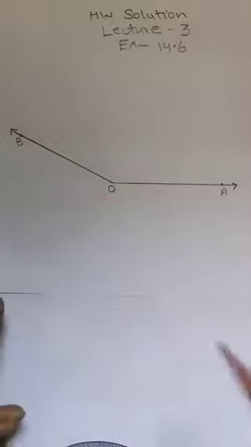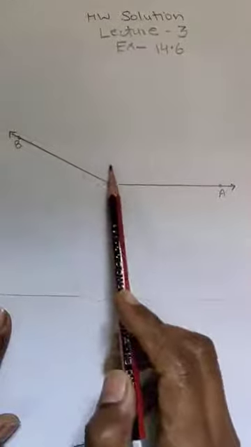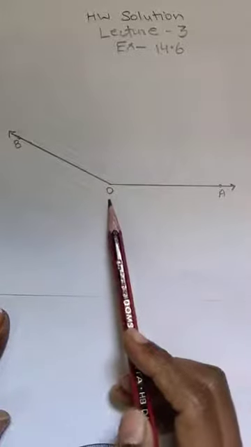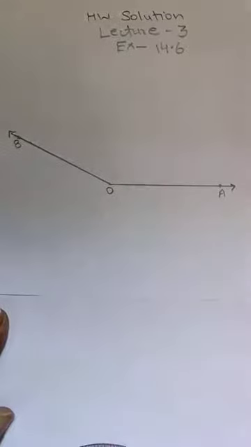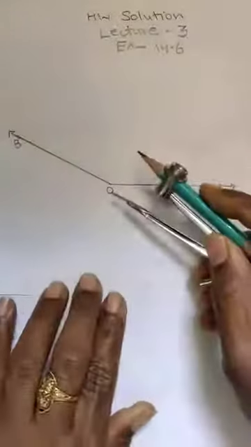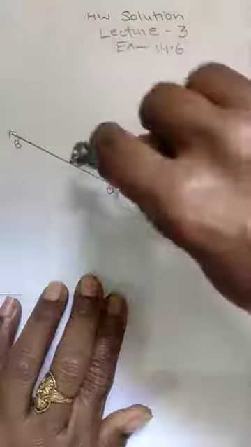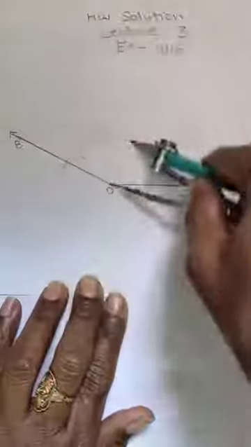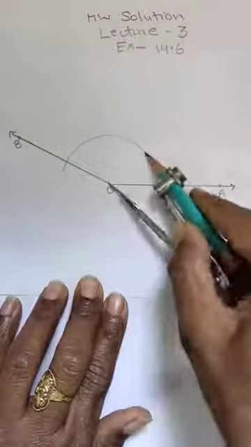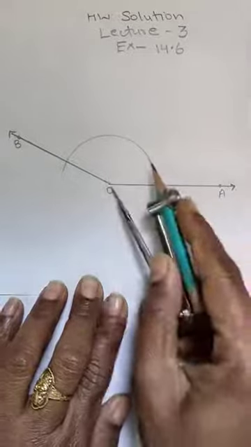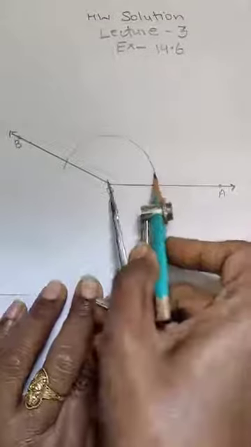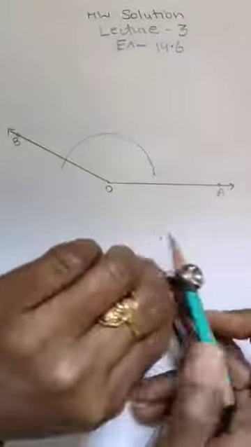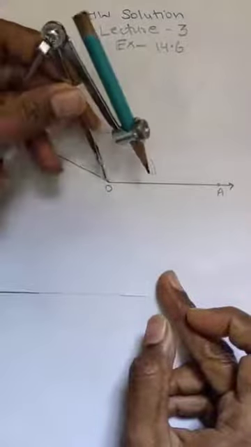Now you have to draw bisector of this angle O. Okay. How we will draw the bisector? That you know. Open your compass of suitable measurement. Draw an arc which cut both the rays of the angle O at 2 points.